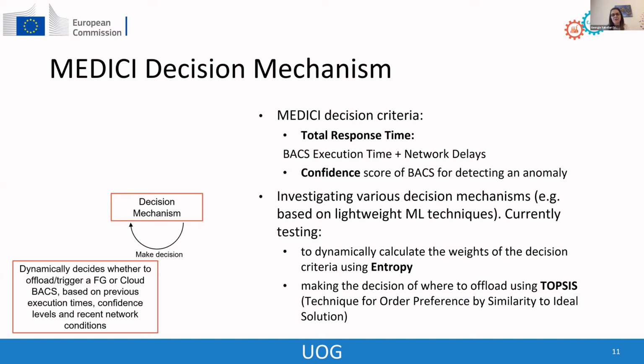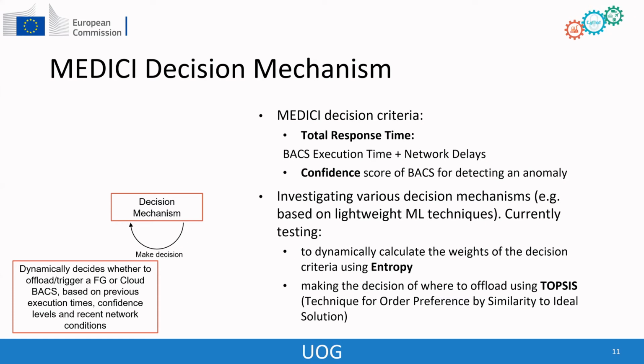So the total response time will include, if I trigger a BACS at the cloud, how long it will take for my data to reach it and for it to make a decision on whether this is an anomaly or not. And then as a second criterion, we have the confidence score of the BACS in the specific model that runs, in all the models that they run.